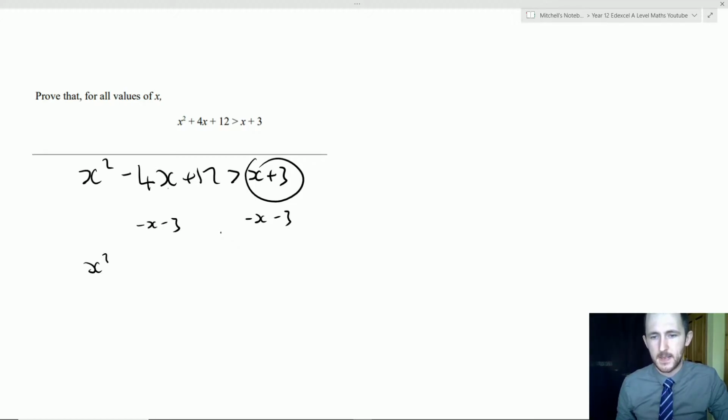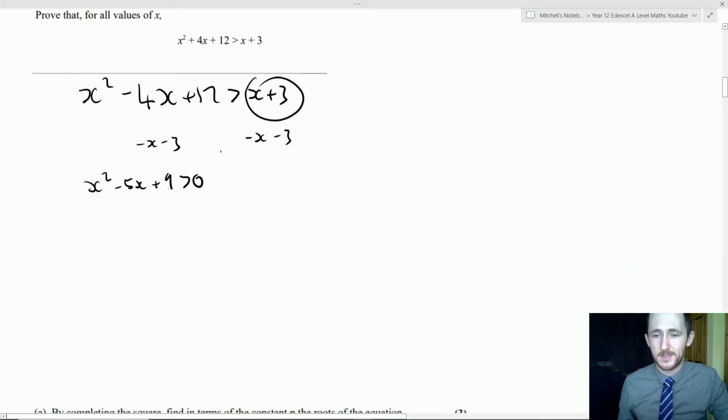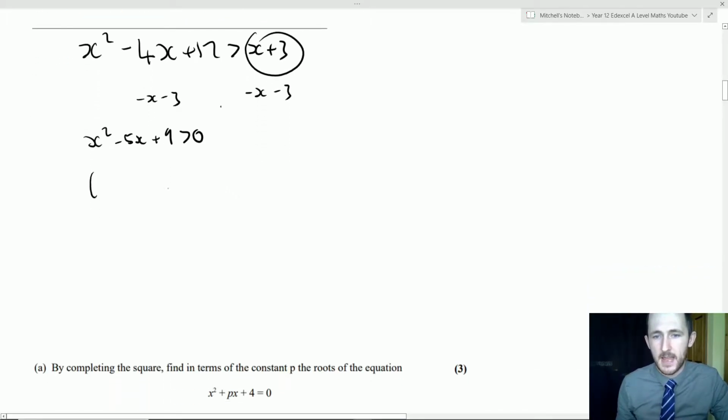X squared stays the same. Minus 4x minus x gives you minus 5x. 12 minus 3 gives me 9. It's greater than 0. And then we do the exact same thing we just did. So we have x minus 5 over 2, squared, minus 5 over 2 squared plus 9 is greater than 0.